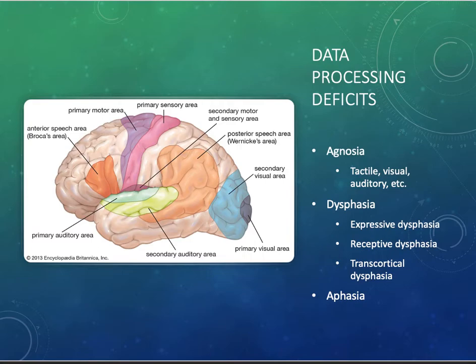All right, some of our other symptoms now. Data processing deficits. Agnosia is the loss of a sense, okay? So maybe if it's a visual agnosia, then maybe you can't recognize an object or a face or a place. If it's auditory, you can't recognize a voice.